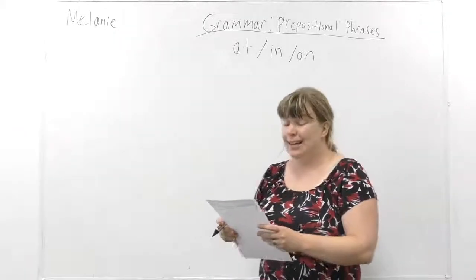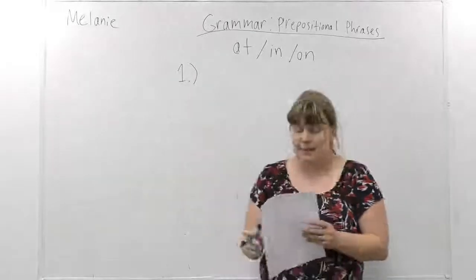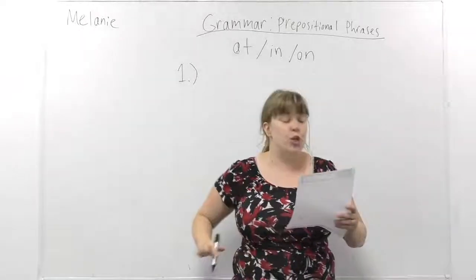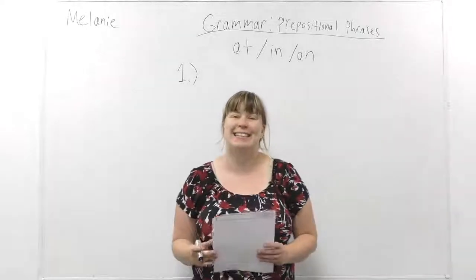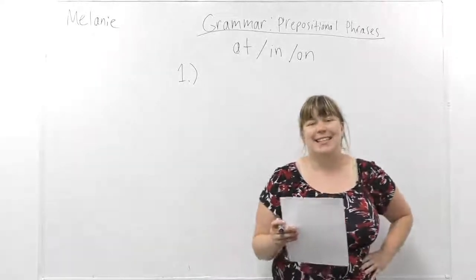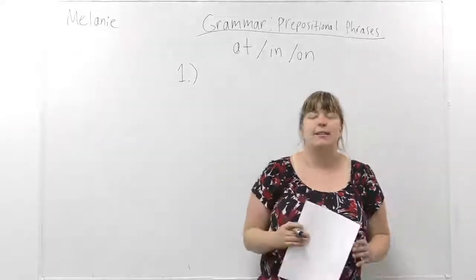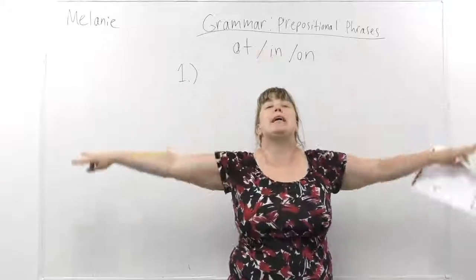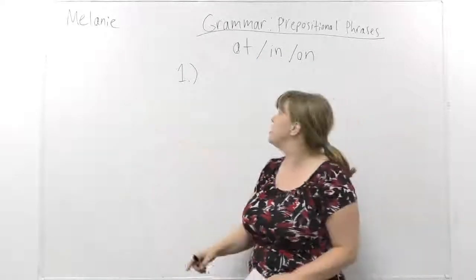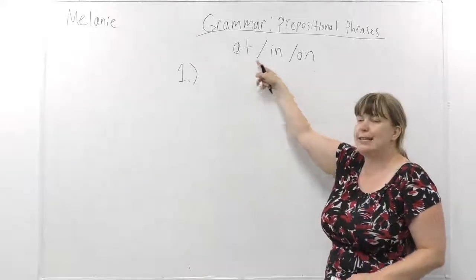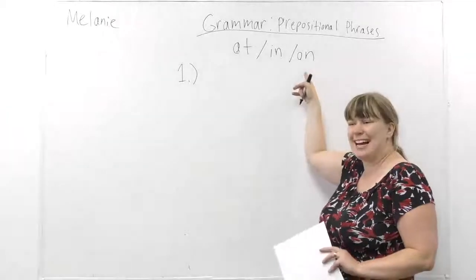So, okay, number 1, this already might be a bit of a tricky one. All right. I enjoy going for walks blank the countryside. Okay, so I'm going to give you a hint. The countryside is a big place. It is a large area. So do you think you're going to be at the countryside, in the countryside, or on the countryside?